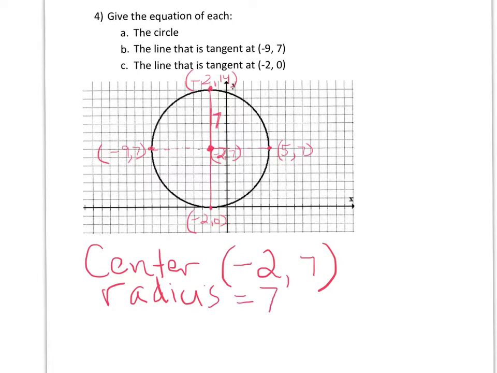We're going to use the opposite thinking that we used at the beginning to graph.